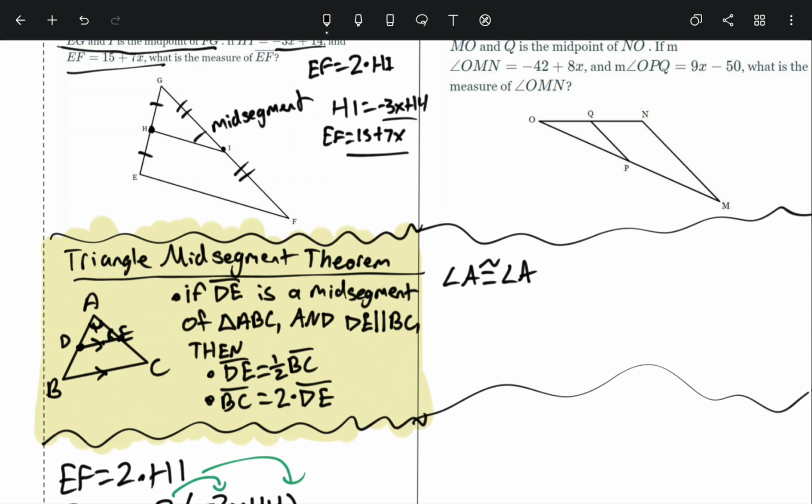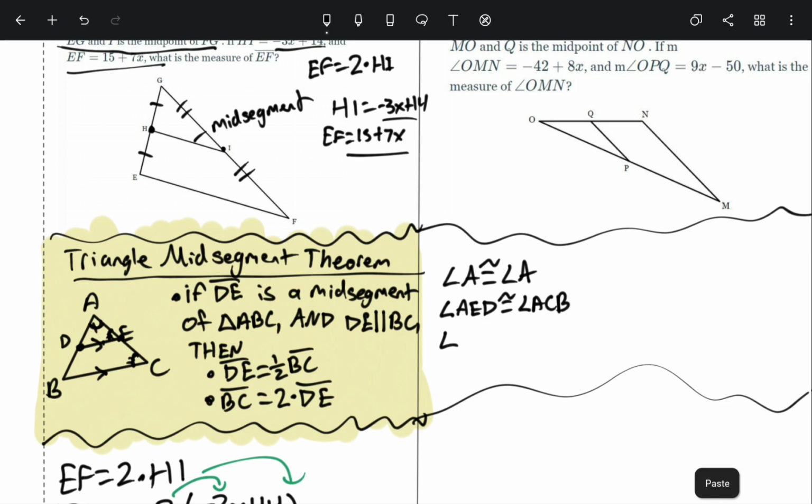Now angles AED and ACB, those are corresponding angles. So I'm going to call that angle ADE. No, AED, my bad. Just to specify, we're talking about this angle here. That is congruent to angle ACB.